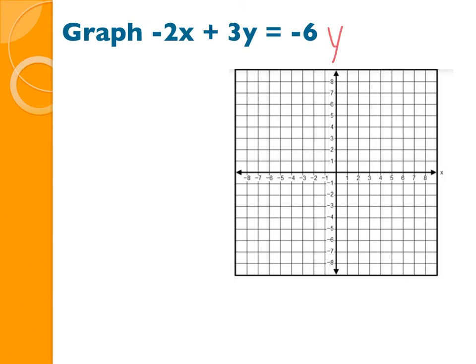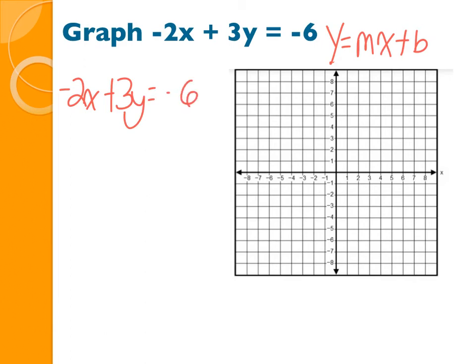I'm going to rewrite y equals mx plus b, make it a little neater. Y equals mx plus b. Rewrite my equation so I have a little bit more room: negative 2x plus 3y equals negative 6.